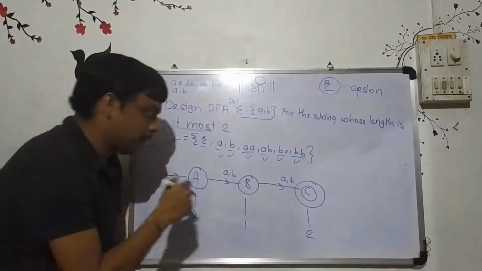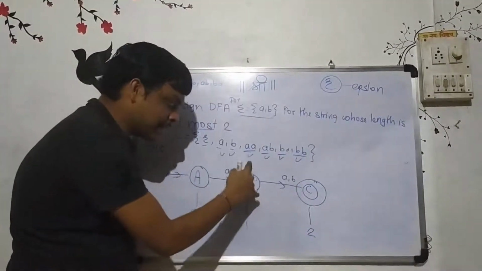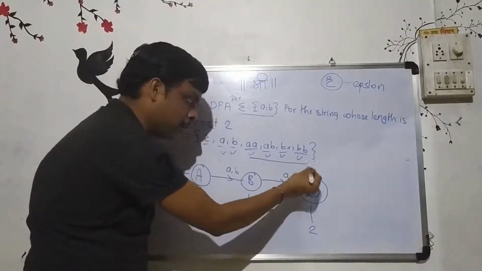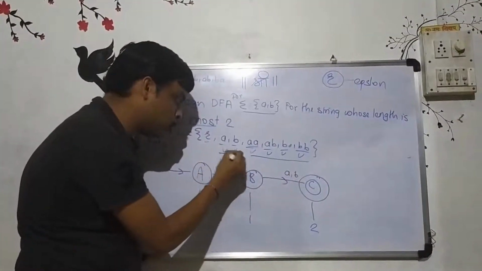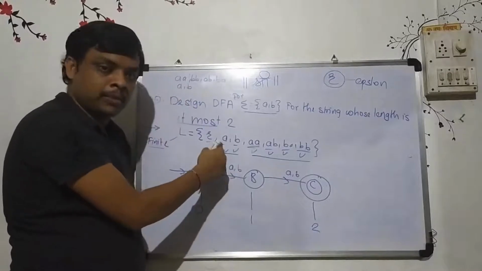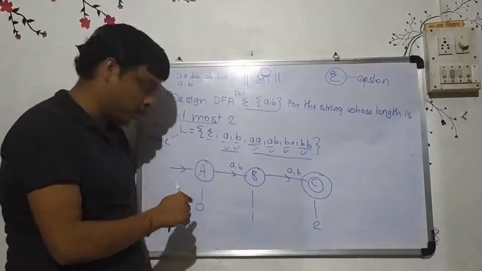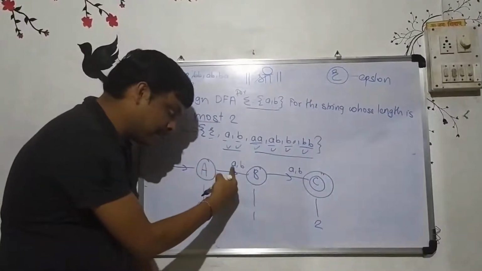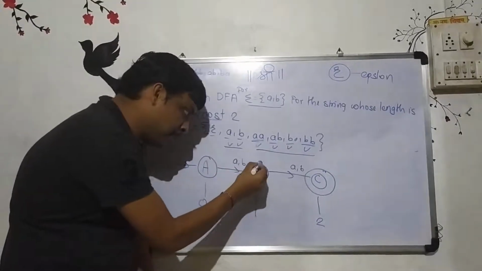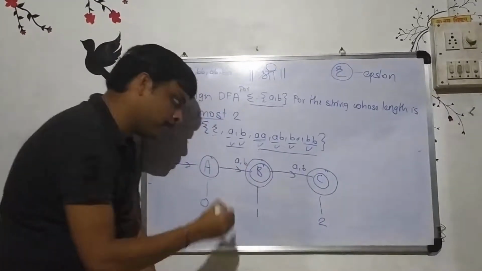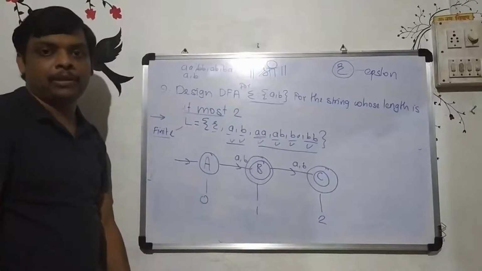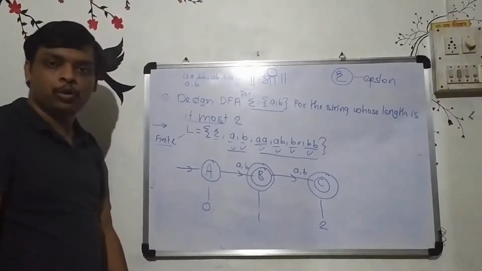Currently this structure is accepting these 4, but along with that we have to accept these 2 strings with length 1 as well. So only A, only B also we have to accept. So if you want to accept only A and only B, then for this B also you have to make it final.